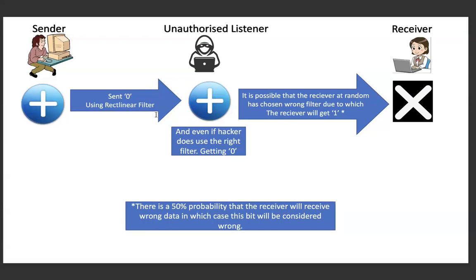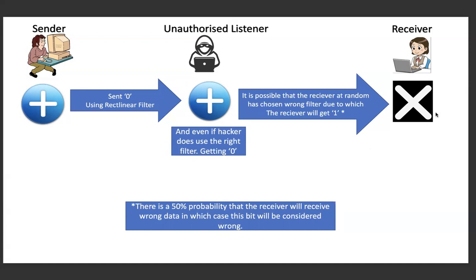So in any case, if I get a 0 from here, this 0 will remain unchanged because it's passing through the same filter. However, I'm expecting a 1 here because I at random chose the wrong filter, and because of which that data will still be ignored. So there's a 50% probability that the receiver will receive the wrong data, in which case this bit will be considered wrong.